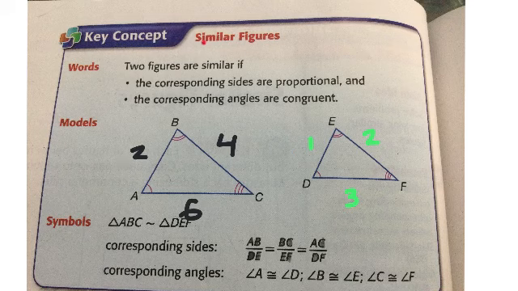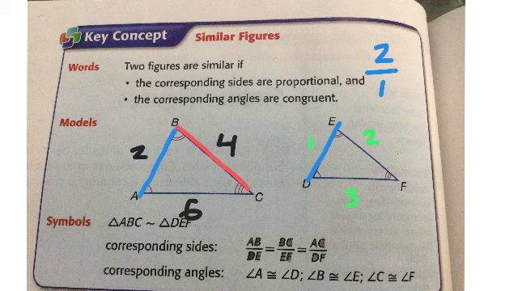So when triangles or figures are similar, their sides are proportional. This is what that looks like. If I set up a fraction, which side goes with side AB? We said it was DE. So AB over DE gives 2 over 1, which reduces to 2. Now what if I did BC? What goes with BC?